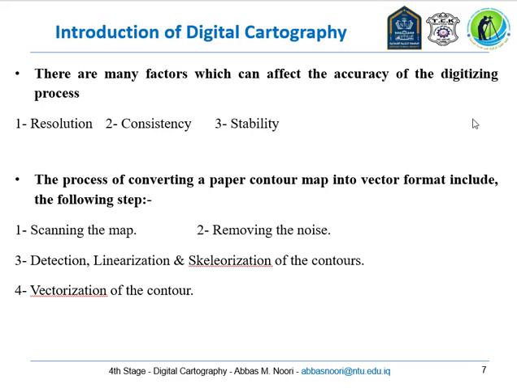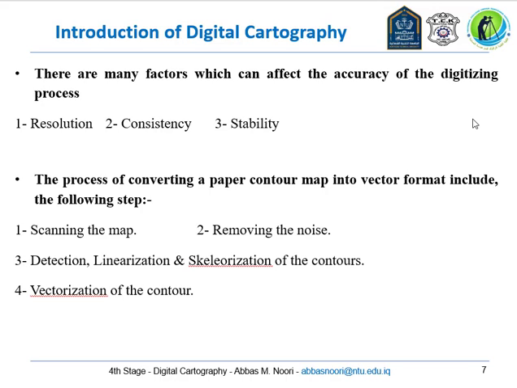The process of converting a paper contour map into vector format includes the following steps. Scanning the map: first, you put the map and you scan the map. After you scan the map, you remove the noise. All paper maps have some noise. When you put it into the computer, you remove this noise.